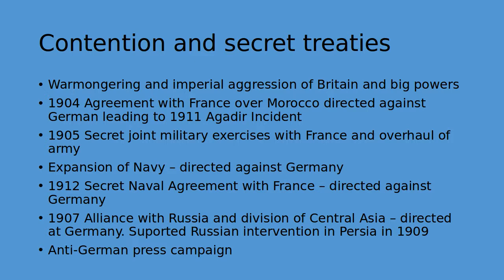The French said, okay, well, that's fine, because Britain can have Egypt, and we won't interfere there. But this agreement is directed against Germany, because Germany was also interested in Morocco at that particular time.